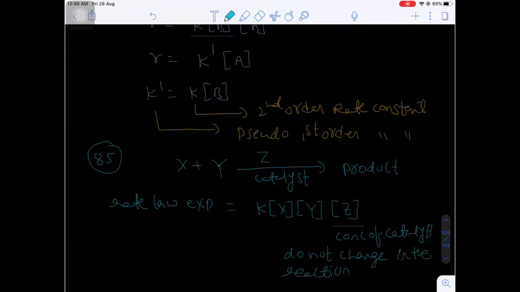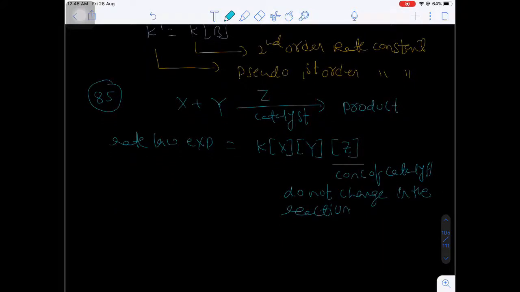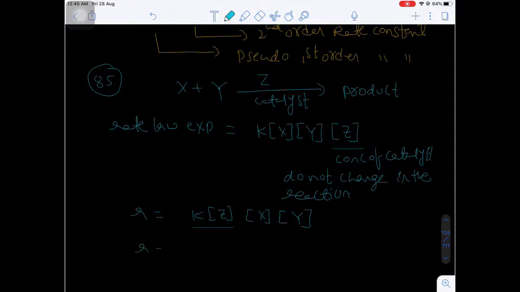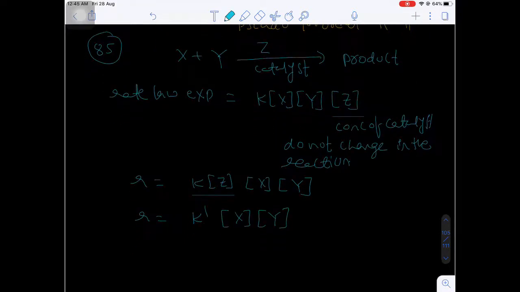So now instead of K into the concentration of Z, because the concentration of Z will be constant throughout the reaction, that's why K into the concentration of Z, I am taking another constant, that will be called K dash, where K dash will be equal to K times the concentration of Z, where K is called the third order rate constant.